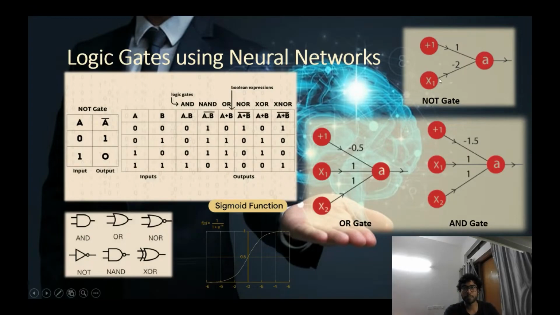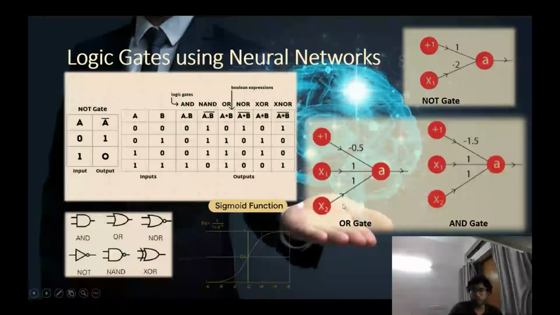Ideally, we expect that if we give x1 equal to 1, the output should be 0, and if we give x1 equal to 0, the output should be 1. This is what we want for our NOT gate.